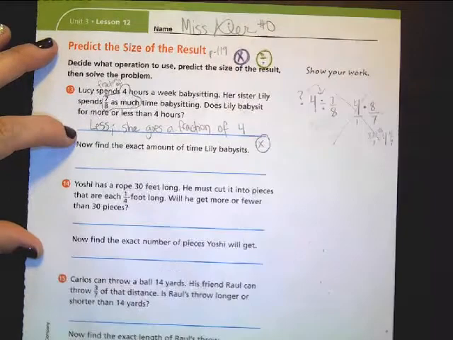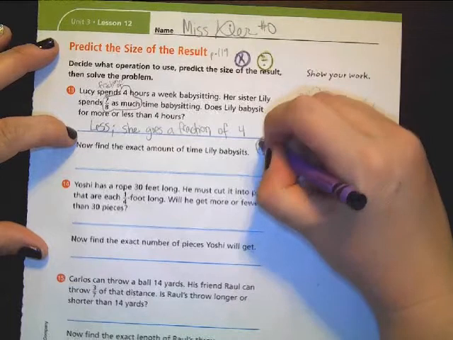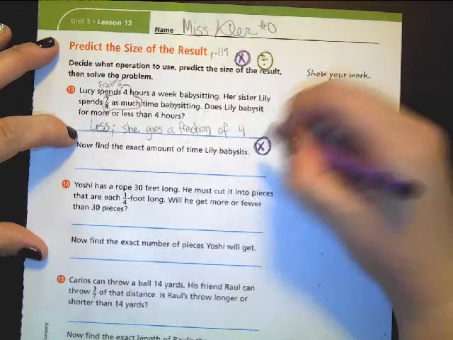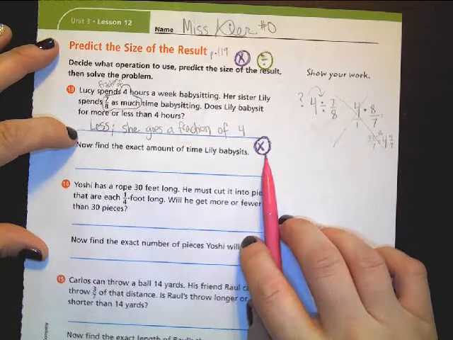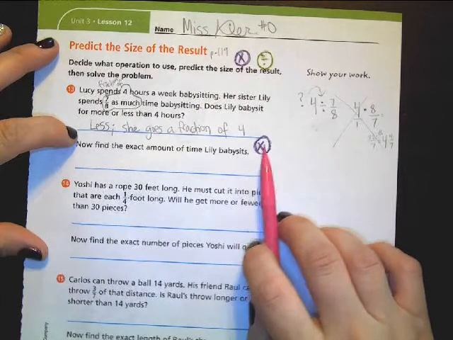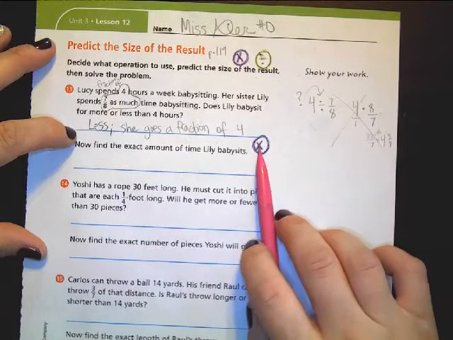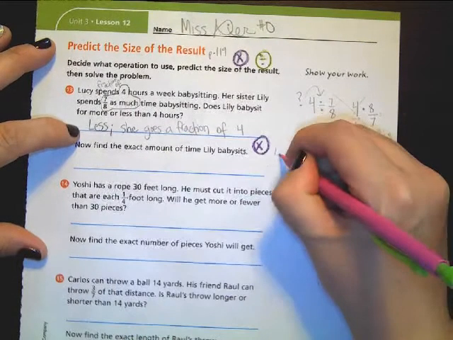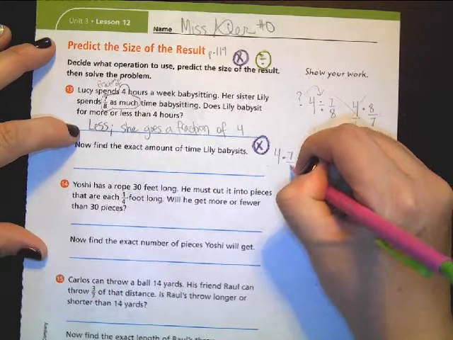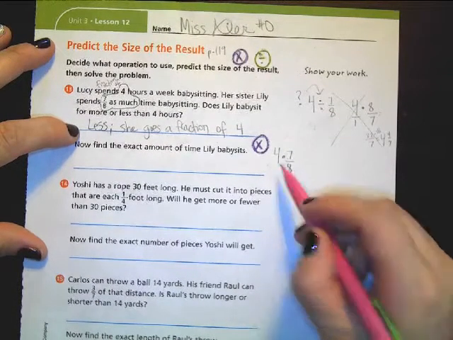Therefore, it is multiplication. Even if you just thought through and went, well, I think it is multiplication, then you can solve it with multiplication first. But it says now find the amount of time Lily babysits. Some people think, well, the exact time's here because it's multiplication. No. If you originally start the problem with 4 times 7/8, you do not flip anything.